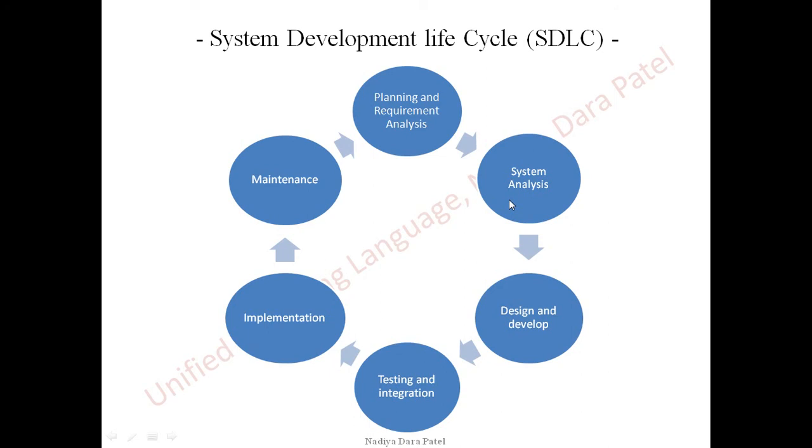So in today's video lecture, I will try to explain to you 2 diagrams of one system, one in the system analysis phase and one from the design and development phase, so that you get an idea about how exactly use case diagrams change.